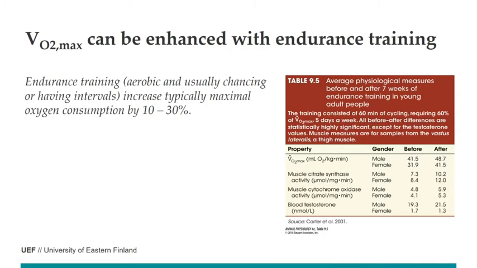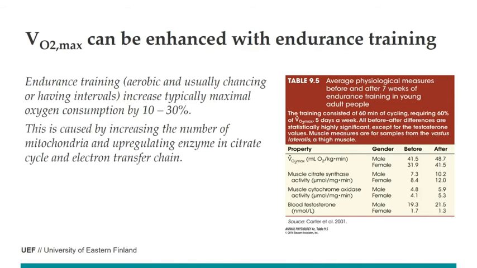So aerobic training, usually with changing and different intervals, can increase oxygen consumption by 10% or 30%. But it doesn't work for everybody. And how it works is it not only increases the maximum oxygen consumption, but also increases the number of mitochondria.